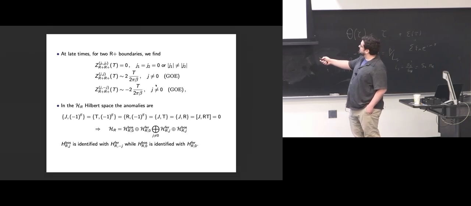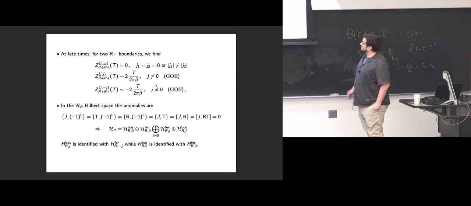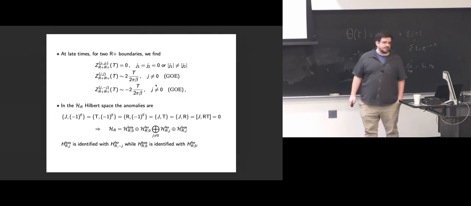So r is also a fermionic operator, so it relates j and -j. But at j equals 0, it acts within the same block, and now the bosonic and the fermionic sectors are identified again.